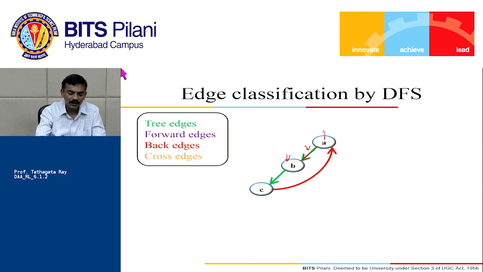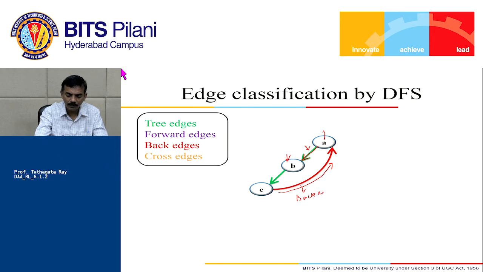Okay, from C, let's say we do not have anywhere else to go, because from C there is an edge going back to A, but A has already been visited. So it's not an unvisited neighbor. So we don't visit any of its neighbors. So we stop there. But this particular edge which is there in the graph is now called a back edge.